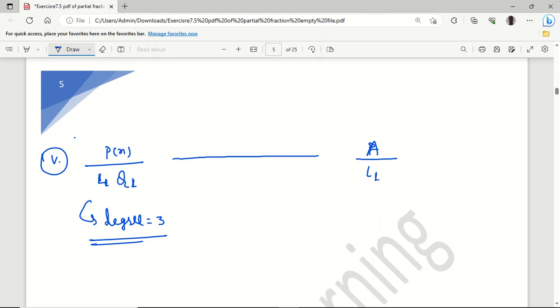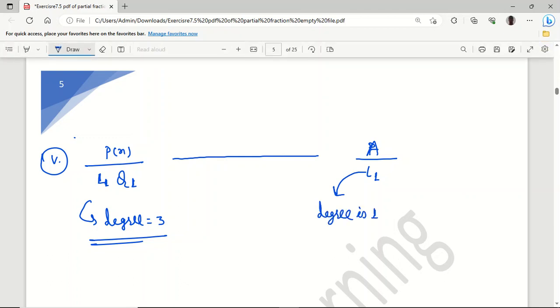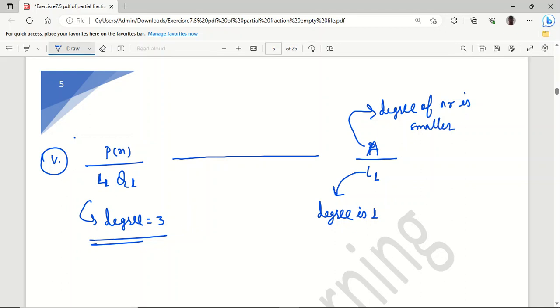You need to observe one more thing. The degree of L1 is 1. So whatever we write in the numerator, the degree of the numerator is smaller than the degree of the denominator, and it is just 1 smaller.